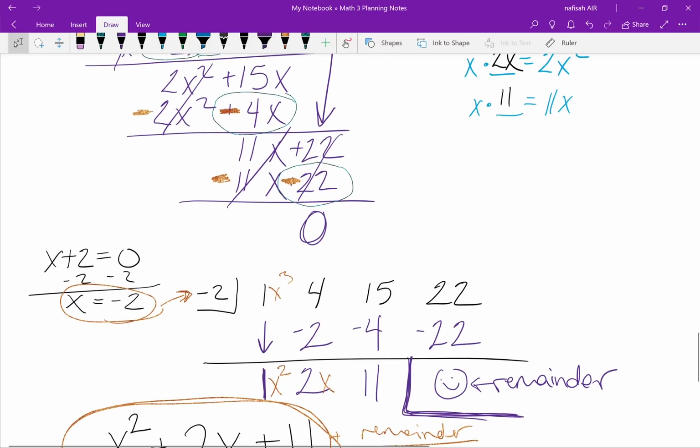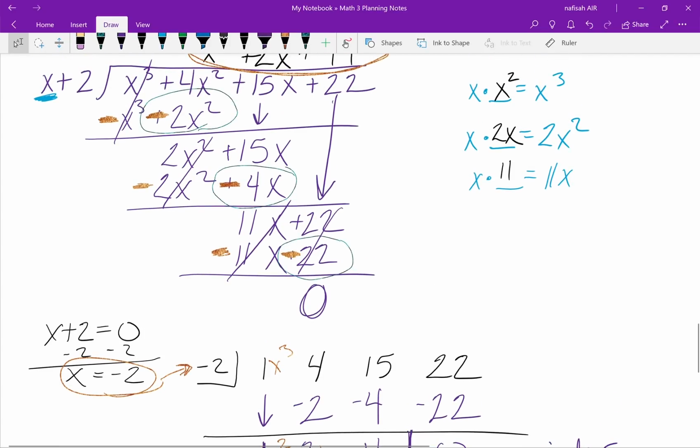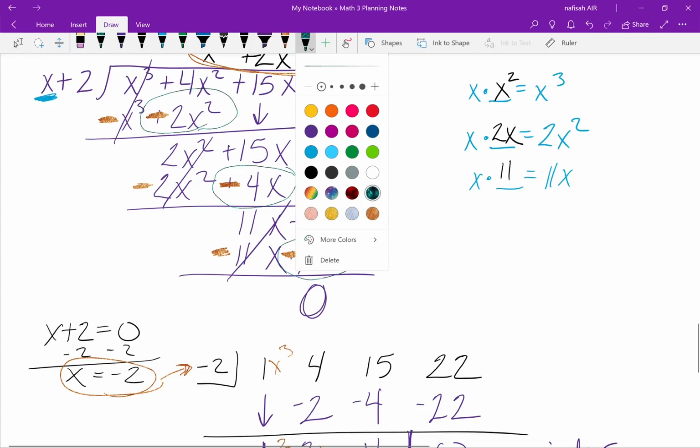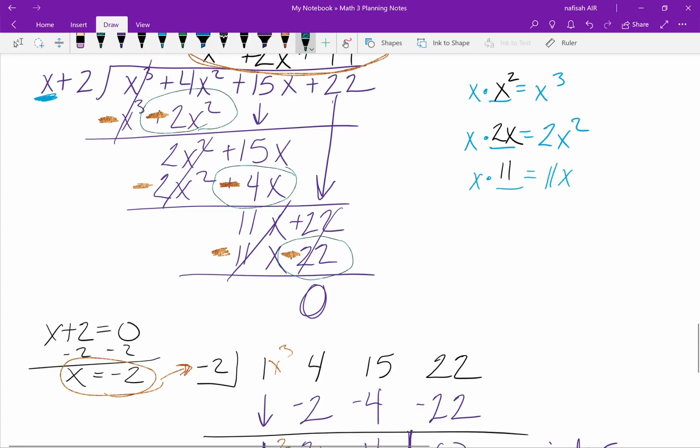The numbers I ended up with underneath the line in my answer, the 1, the 2, the 11, were the first numbers here before I changed the signs. But they were these numbers here.